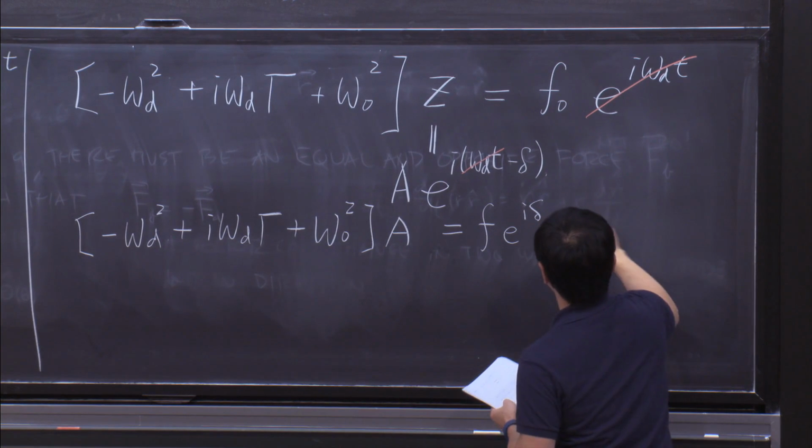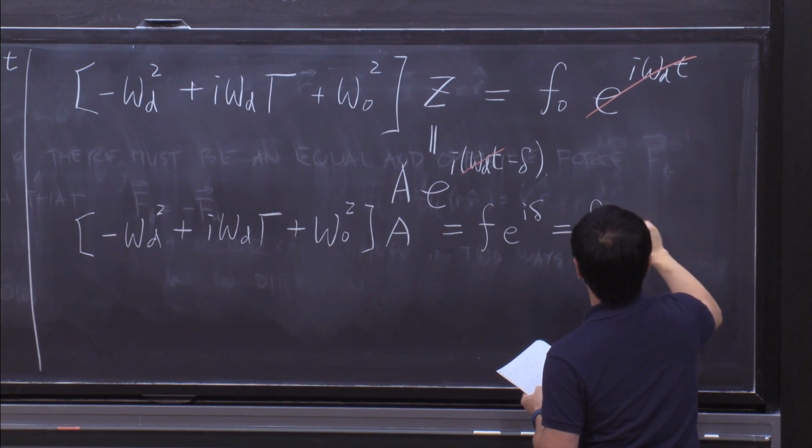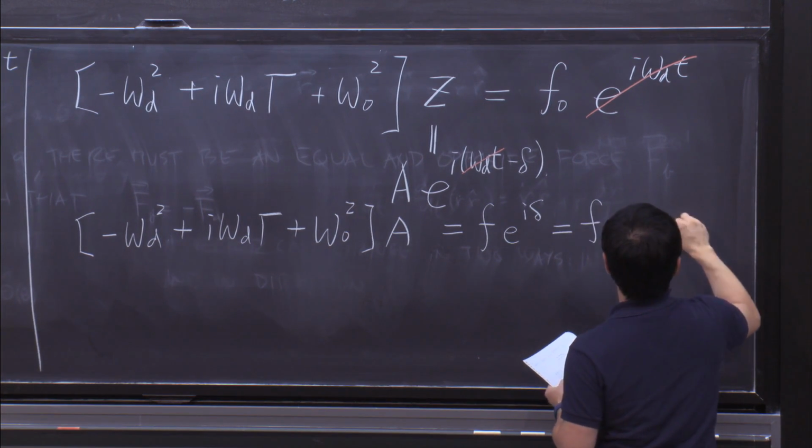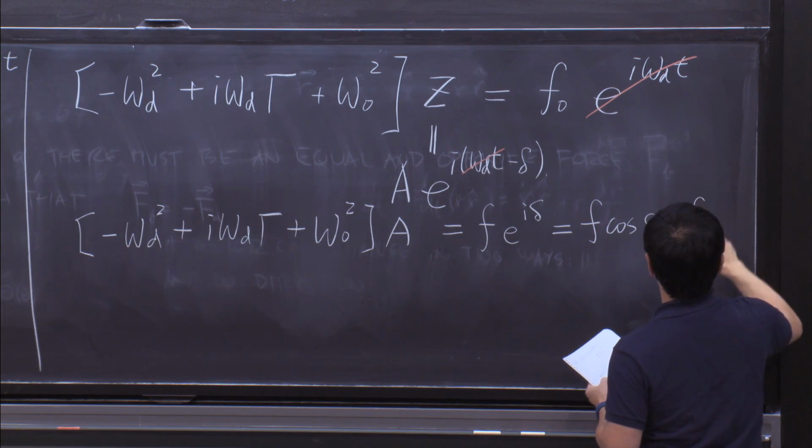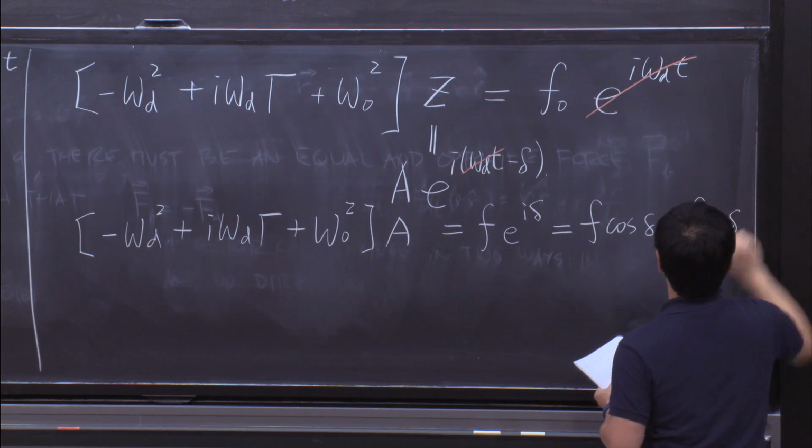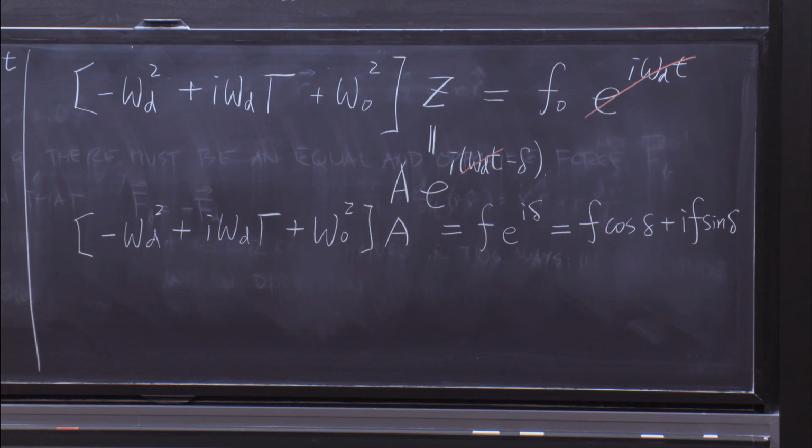And this is equal to f0 cosine δ plus i f0 sine δ, just Euler's equation. Any questions so far?